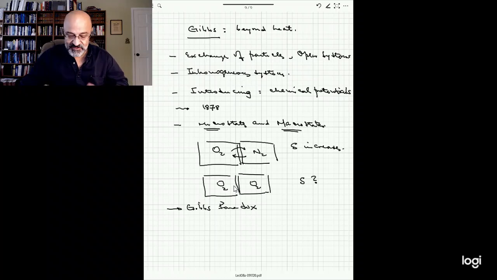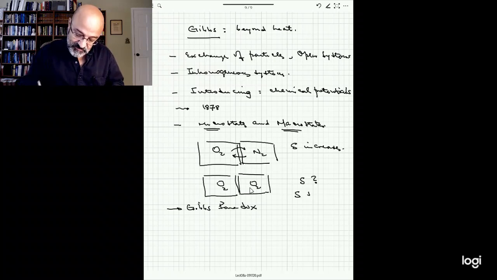Because what Gibbs correctly argued was that now, in this case, if you remove the partition, of course the molecules have a bigger volume to move around, but the entropy of the full gas is not going to be larger. It's going to be exactly the same. So how can that be?